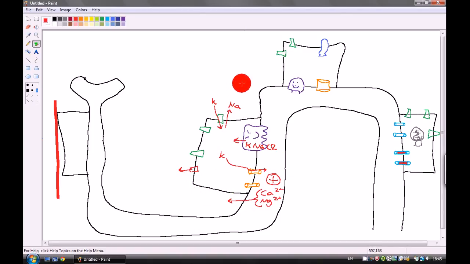Now, the majority of sodium reabsorption happens obviously here first, but second most is here. About 60% of it is absorbed here.